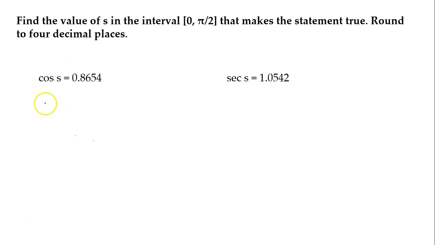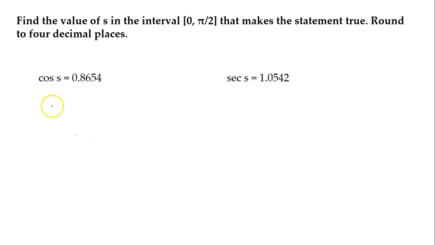Now on this, you will actually have these same exact directions. It says find the value of s in the interval of 0 to pi over 2 that makes the statement true. Round to 4 decimal places. Okay, so you will have what number to round to and everything.